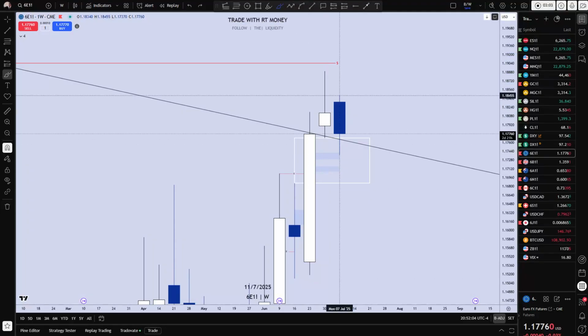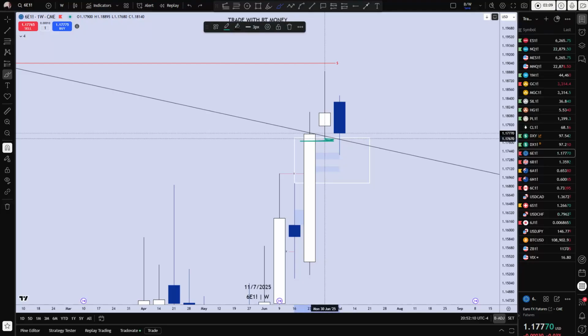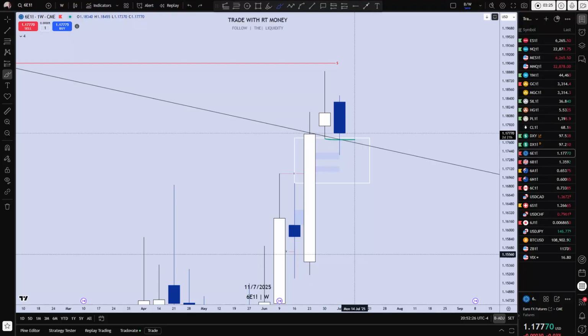And it's likely that the next candle will take this current candle's low, and that's exactly what happened. But what I'm looking for with that low is, will it trade through and close below that low? That's what I'm looking for.